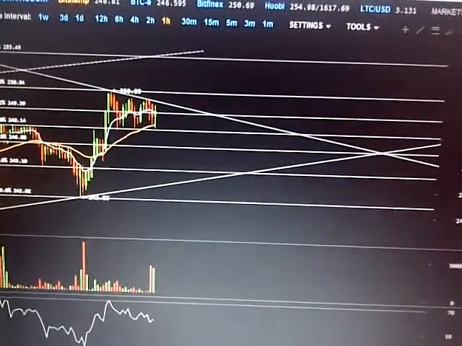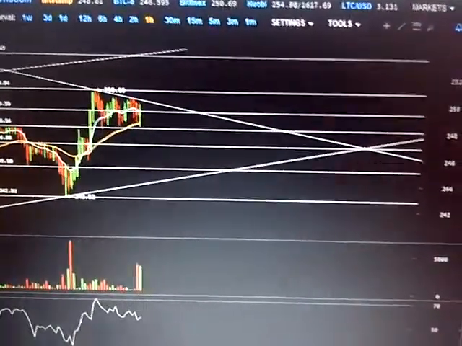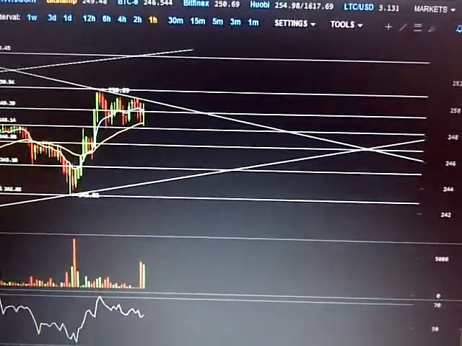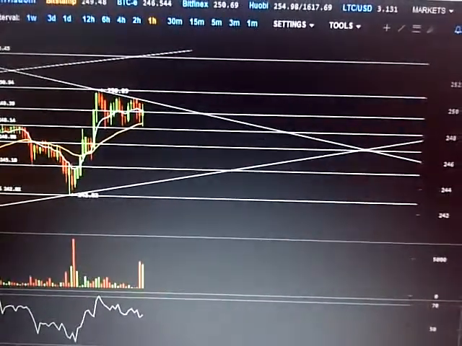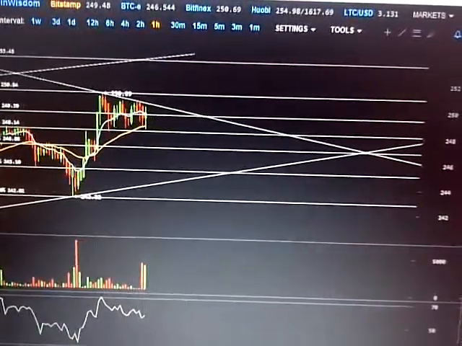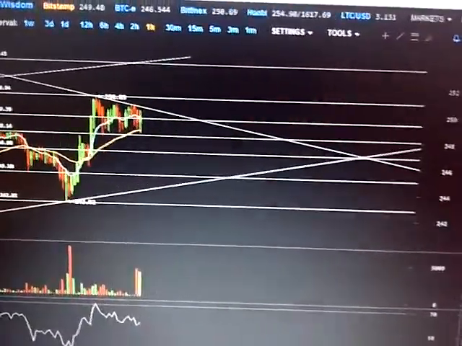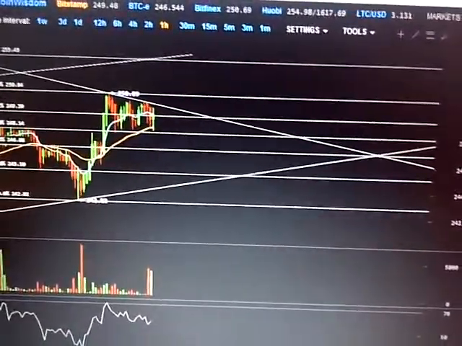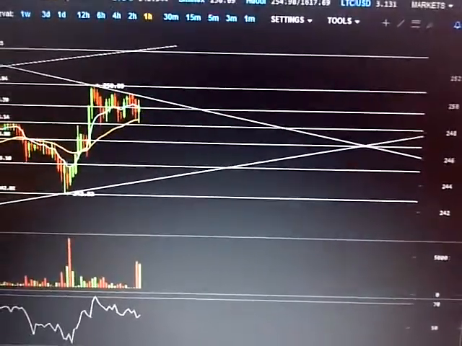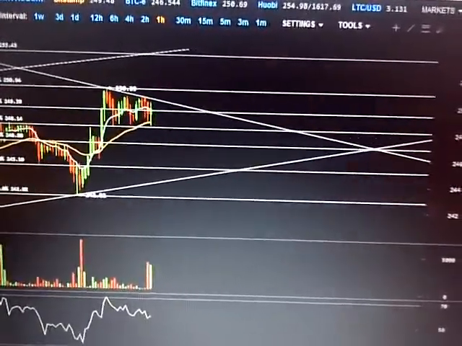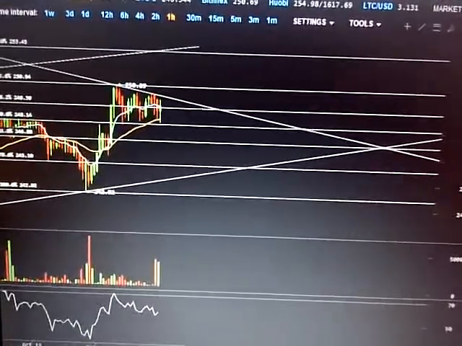I guess at this point you truly are speculating slash gambling in some way. You're taking a really educated guess. Sometimes when you do chart analysis, it's probably the most educated guess, speculation, that you can ever do.